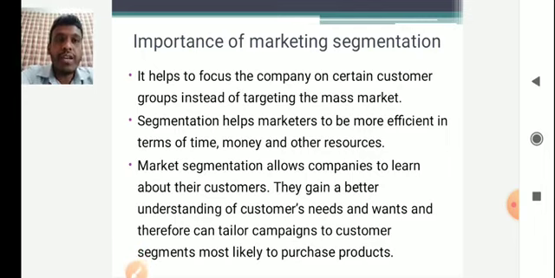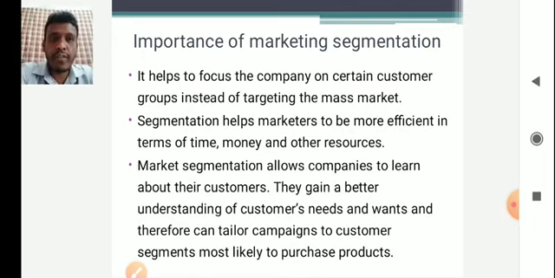So the company can focus on certain customer groups instead of targeting the entire market. If you are trying to target the entire market, each person will have their own needs which are different from another person. So it becomes difficult for you to market to these people.